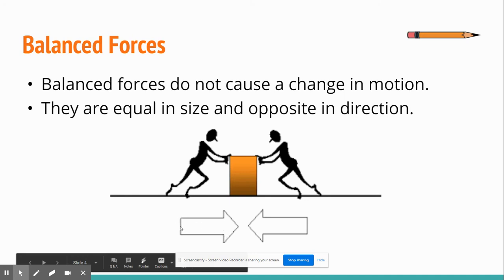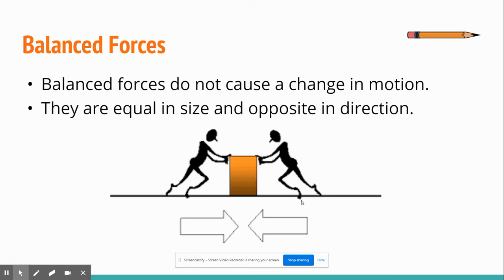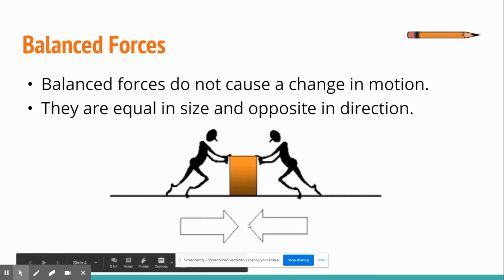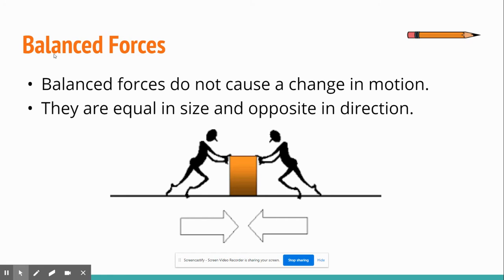So this is direction and magnitude. And we have this equally odd looking little man that apparently is missing his neck, pushing in this direction. Notice it's an opposite direction, but it's equal in magnitude. Well, basically, we would say those cancel each other out. And if they cancel each other out, then that object isn't going to move. It's going to sit right there. That's because the forces are balanced.